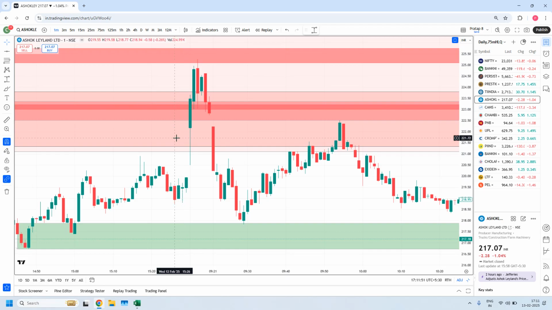Reason number two: due to other reasons, institutions might have cancelled their orders. Maybe their analysis changed, and they removed all the pending orders. Cancelled means their trade plans are cancelled. It doesn't mean their orders are still in the exchange, because at the end of the day all orders are removed from the exchange.